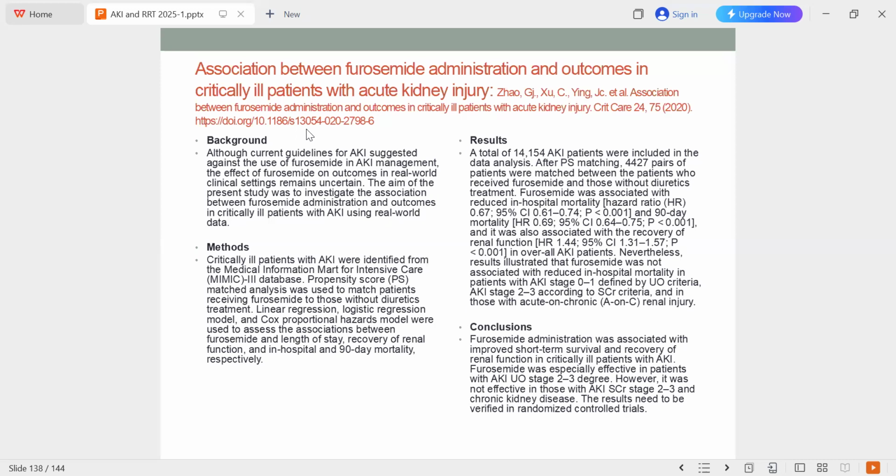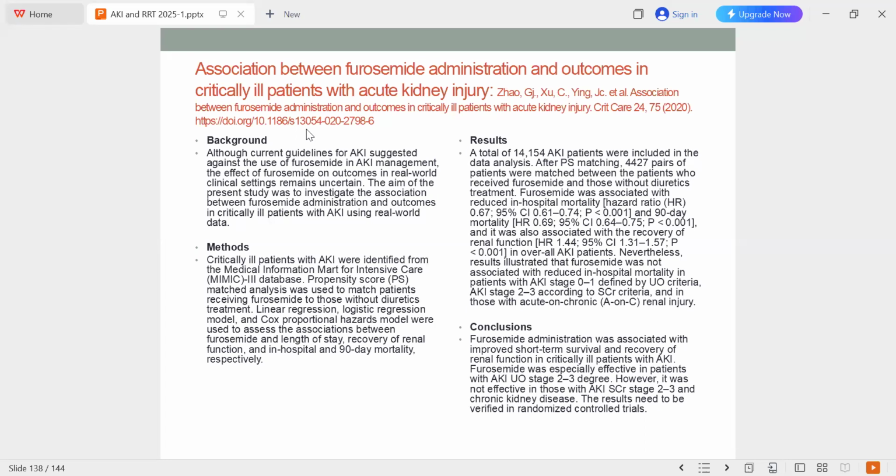Now, what is the association between furosemide administration and outcomes of critically ill patients who have AKI? All right, this study aimed at looking at the association between the use of furosemide and outcomes in patients with AKI using real-world data.